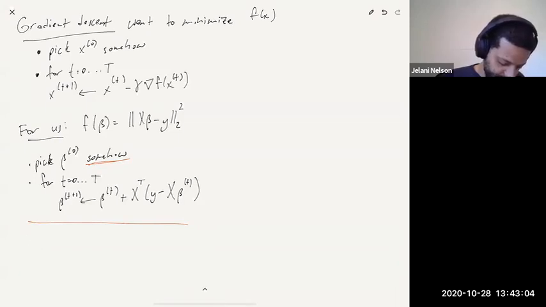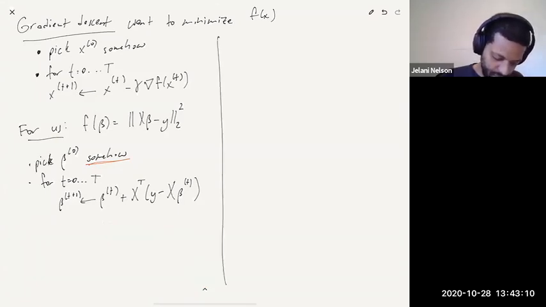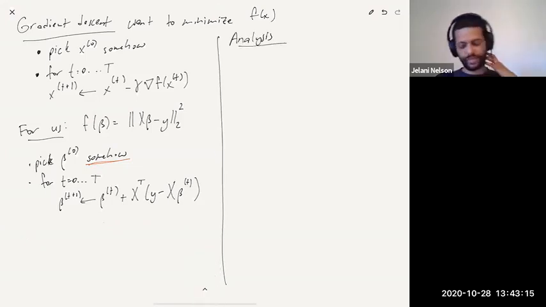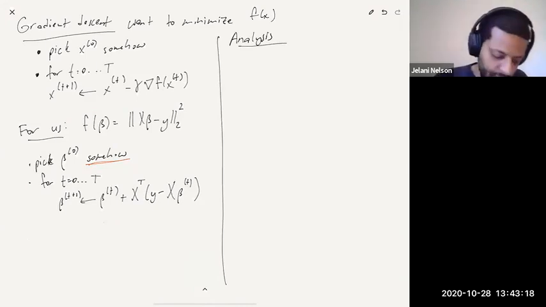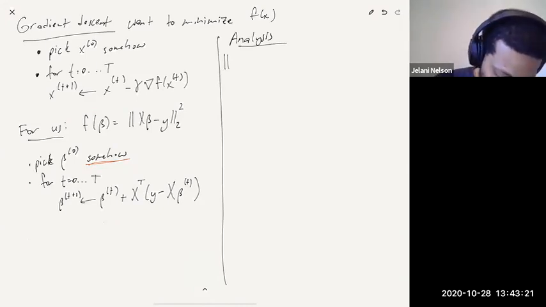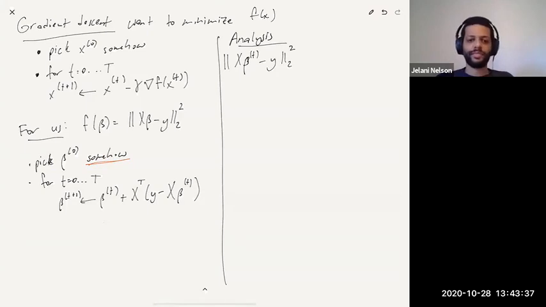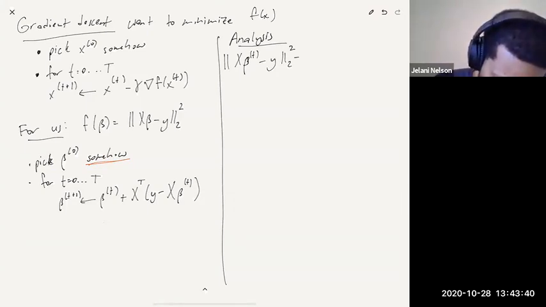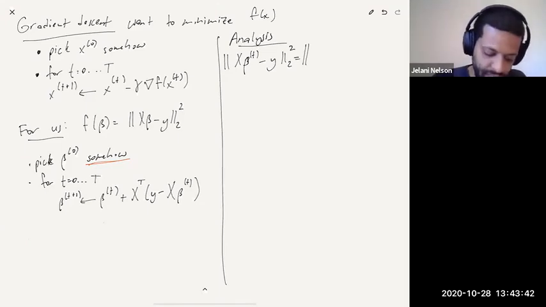Let's do analysis on the right hand side. I'd like to understand, let's say, the L2 norm squared of X beta t minus Y. I'm going to add and subtract the optimal solution.